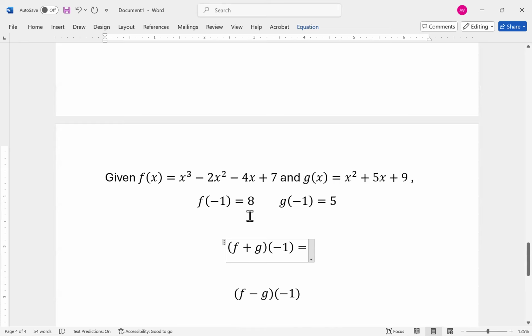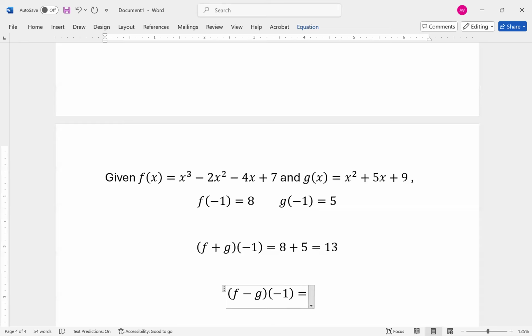F of -1 is 8, g of -1 is 5, and therefore f plus g of -1 is going to be 8 plus 5, which is 13. F minus g of -1, well, f of -1 was 8.